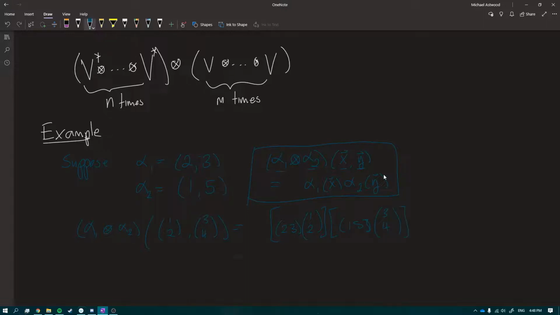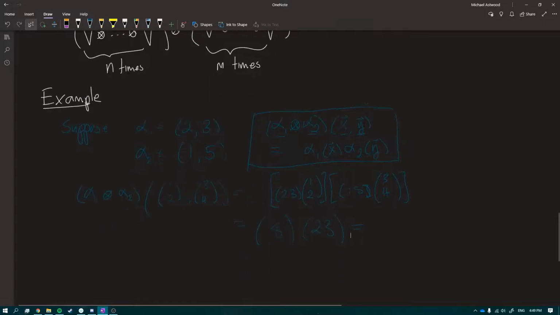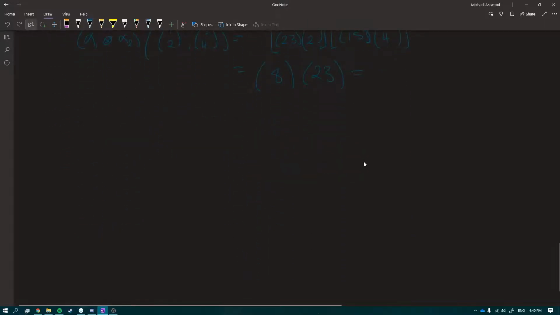And this is just 2 times 1 is 2, plus 3 times 2 is 6, so that's 8, times 3 times 1 is 3, plus 4 times 5 is 20, so that's 23. And this is a big number that I can't do in my head right now. Great, so now you've seen the basics of the tensor product.